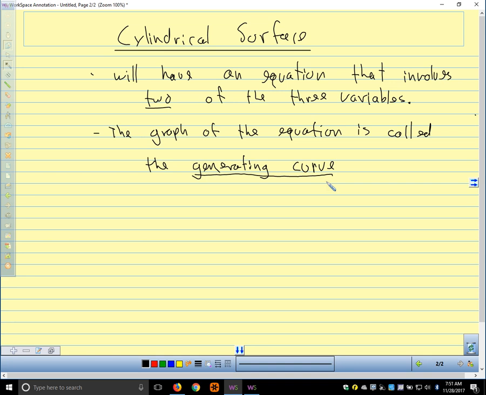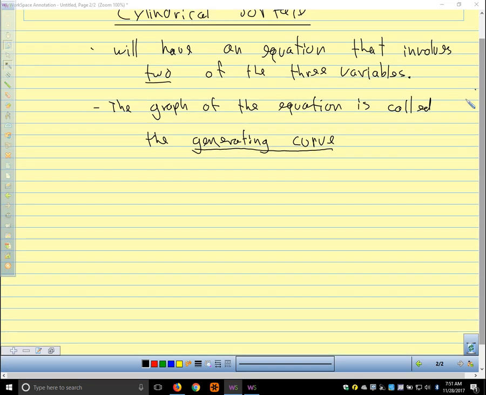So mainly what we want to do now in chapter 11 is start working on visualizing these surfaces in space. In future chapters, we will use the surfaces for various things. But right now, we want to have an introduction and kind of a way to visualize it. So I want to look at a couple of cylindrical surfaces. So let's say we want to sketch z equals y squared.